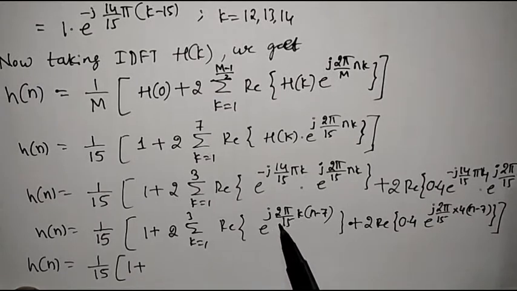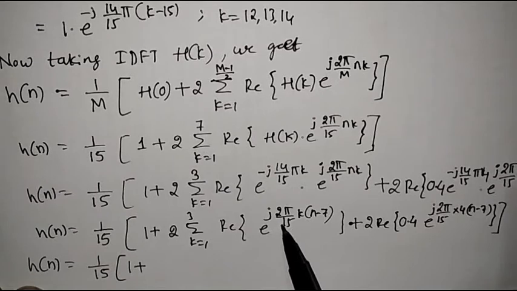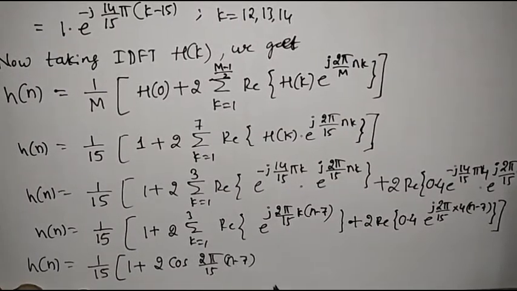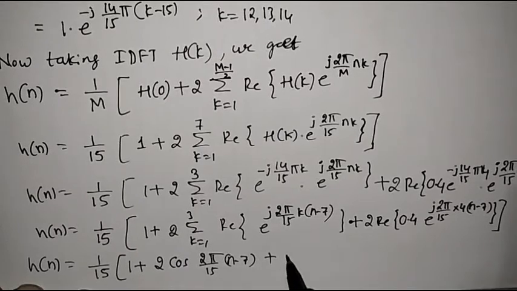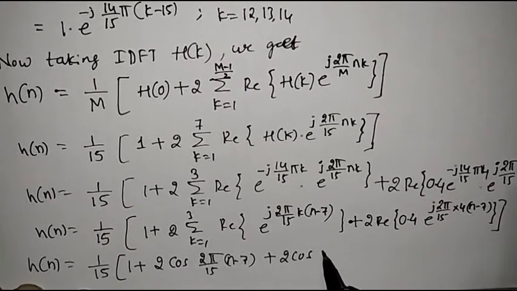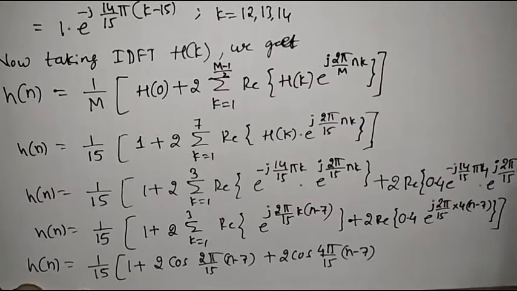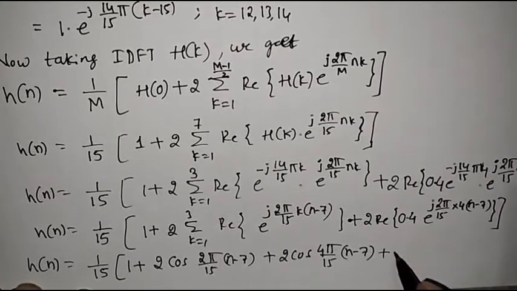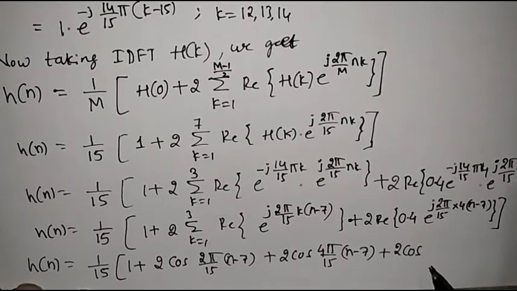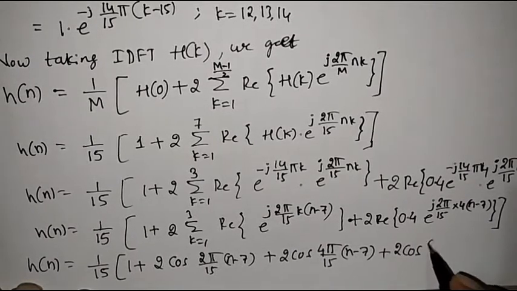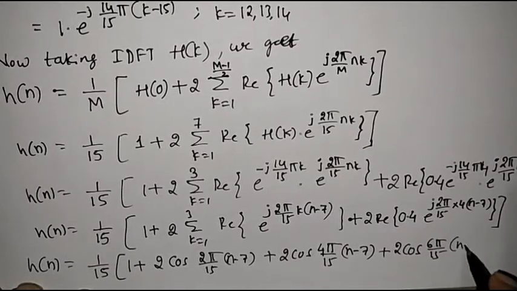Here ignoring the imaginary term and considering only the real part, we'll get the cos terms only, so that we can write for k equal to 1, we'll get 2 cos 2 pi by 15 (n minus 7) plus 2 cos 4 pi by 15 (n minus 7), and for k equal to 3, that is 3 into 2, 6 pi by 15, we'll get 2 cos 6 pi by 15 (n minus 7).